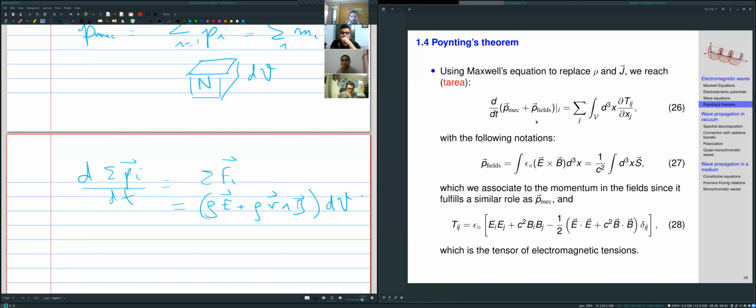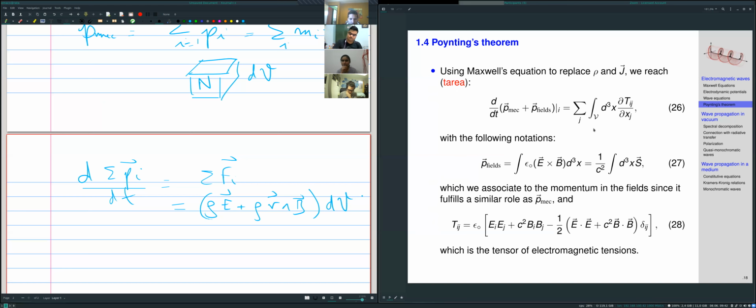The momentum in the fields is given by the volume integral of the Poynting vector. This is a vector, so for a component of the momentum, you integrate the same component of the Poynting vector. So the Poynting vector is connected to the momentum stored in the fields.